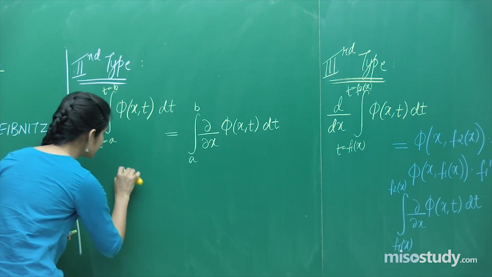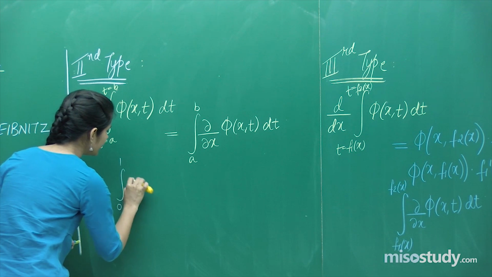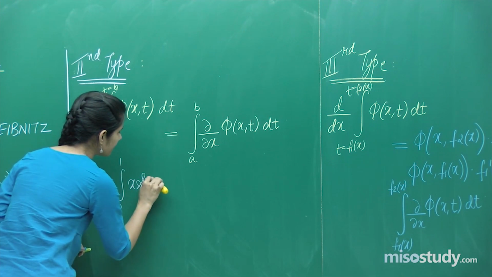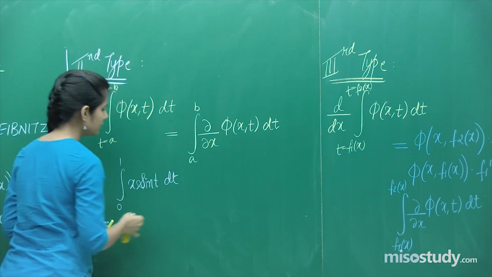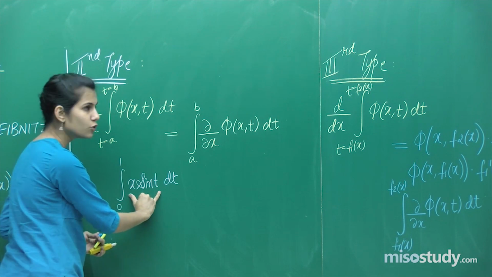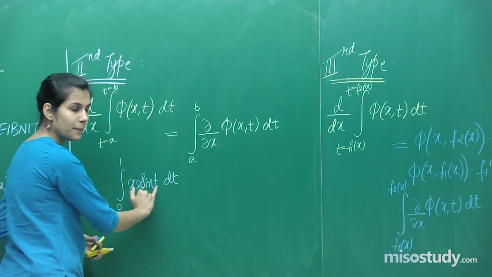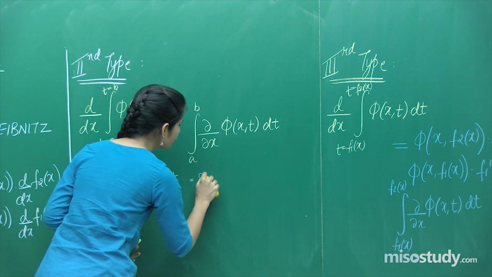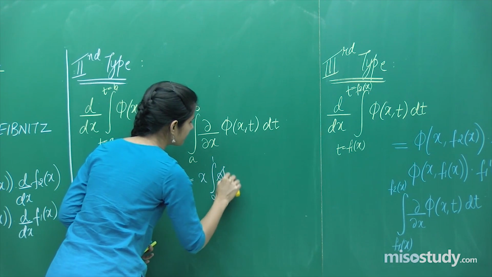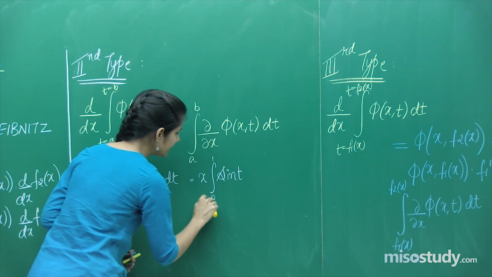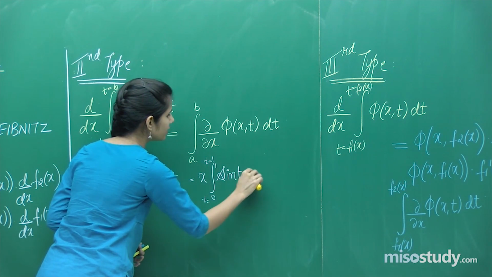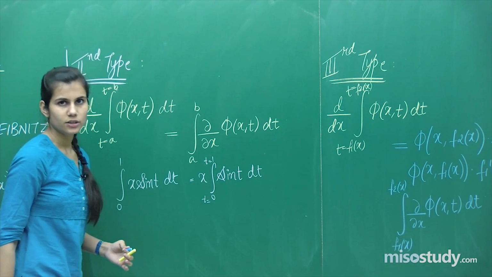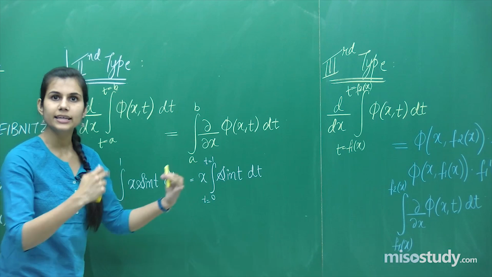What I am trying to say is, if you have integral 0 to 1 of x sine t dt, this is also an integrand which has x and t both, but x is sitting explicitly, I can pull it out, so you are allowed to do it like this, because these limits are limits of t, not limits of x. So you can take it out.